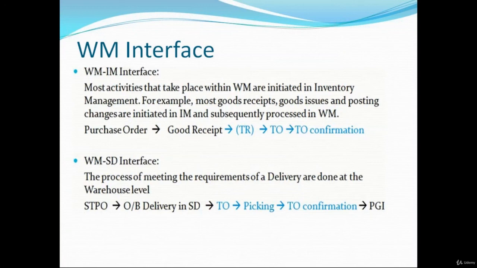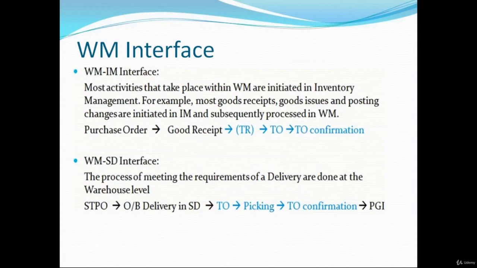Then the WM-SD interface. The process of meeting the requirements of deliveries is done at the warehouse level. So an STPO, a stock transfer purchase order, will be created. Then the outbound delivery in SD, where we are picking the material and pushing it to the external customer.